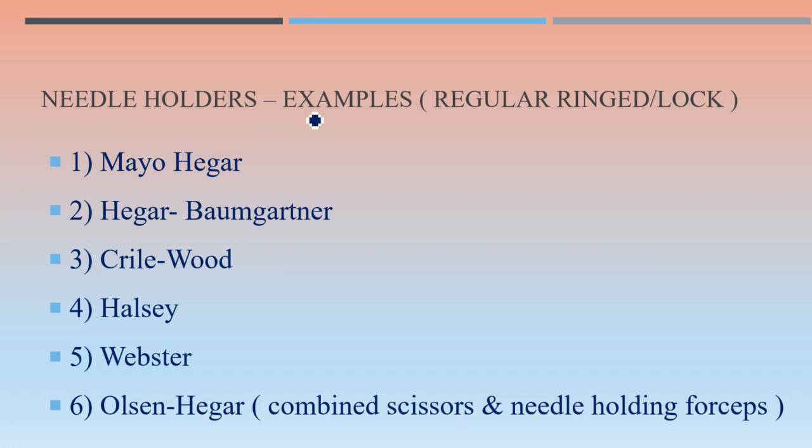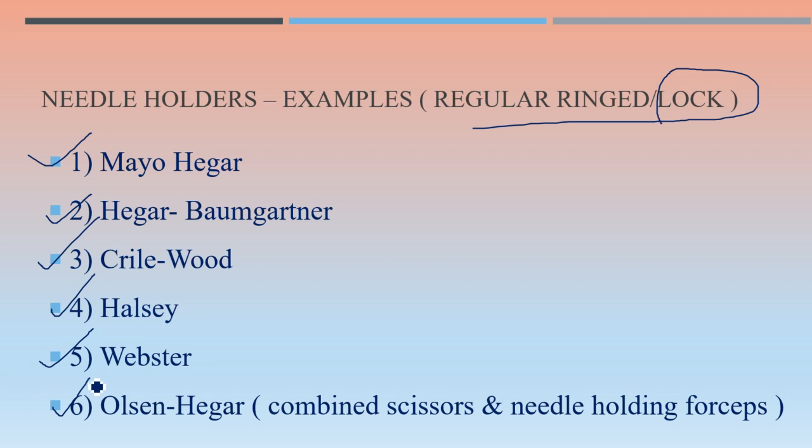So the examples of the regular ringed needle holder with the presence of a lock: Mayo Hegar, Hegar Baumgartner, then Crile-Wood, Halsey needle holder, Webster needle holder, Olsen-Hegar needle holder.